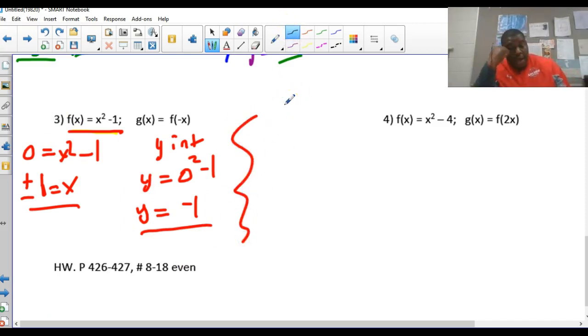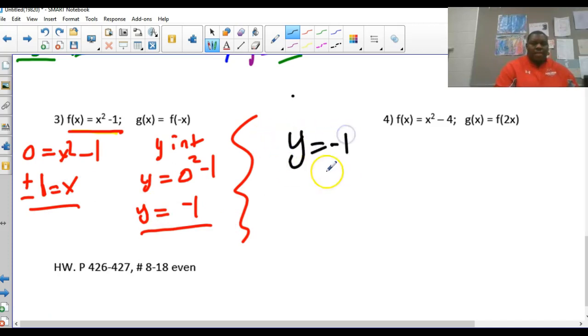Now, we need to find the x and y-intercept for g of x. Well, again, see how this affects the x directly, negative x? That changes the x values, not the y values. So the y-intercept is going to be the same. That didn't change because, again, that goes directly to the x. So I'm going to change this. If I put a negative right here, that changes the signs.